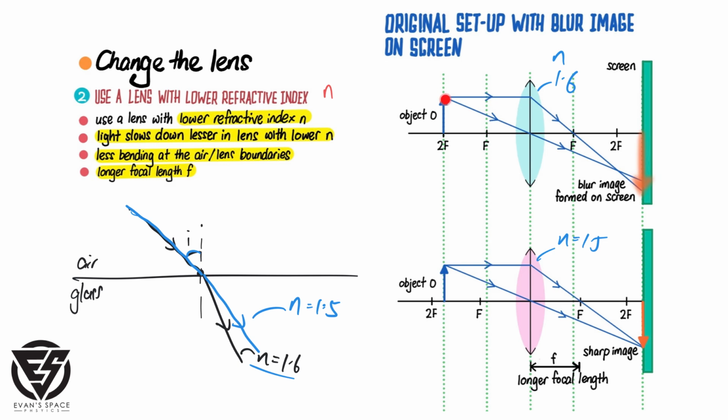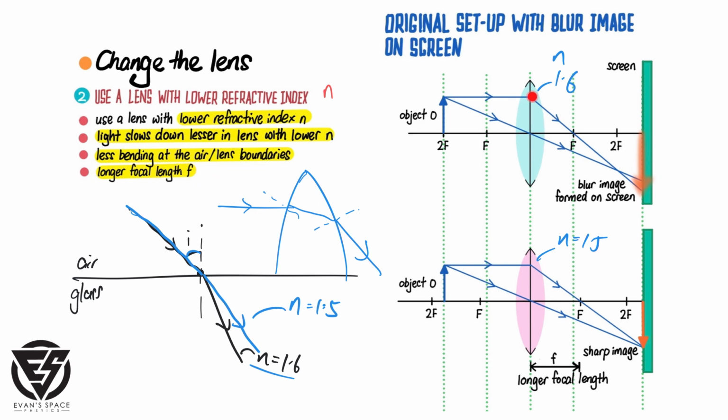And if you're wondering, this ray here, because the height and the position of the object doesn't change, this ray remains the same. So basically only this ray here will change. Now another thing to take note of is, of course, the bending of light will not take place at the middle of the lens. If I enlarge the lens for you, as the light ray hits here, this is the normal, the speed slows down, it bends towards the normal, and then at this normal it bends away from the normal.